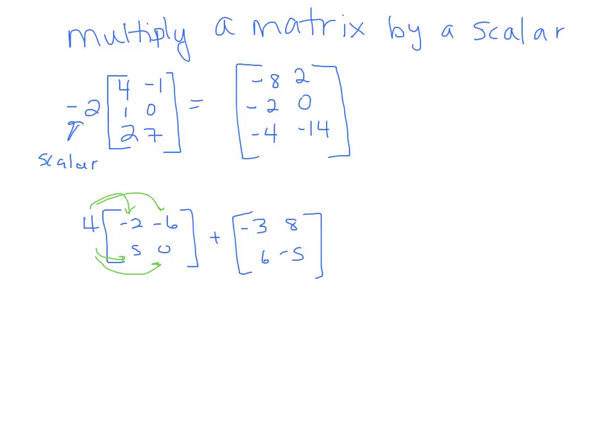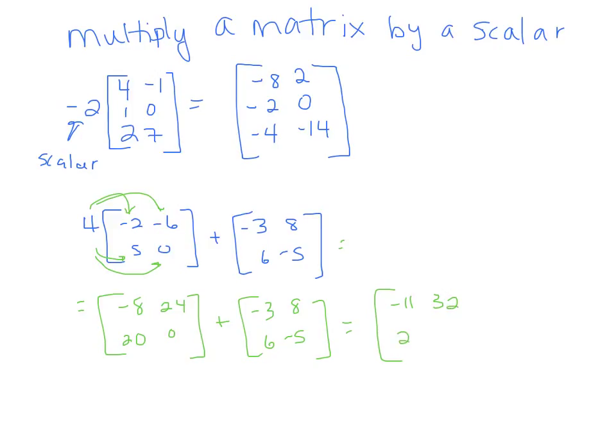If both matrices were in parentheses and the 4 was outside, then we would multiply everybody. So this is going to be -8, -24, 20, and still 0. And this matrix doesn't change because it doesn't have a scalar out front. Then we make sure that we can add them together. They're both 2 by 2 matrices, so that works. And we end up with -11, 32, 26, and -5.